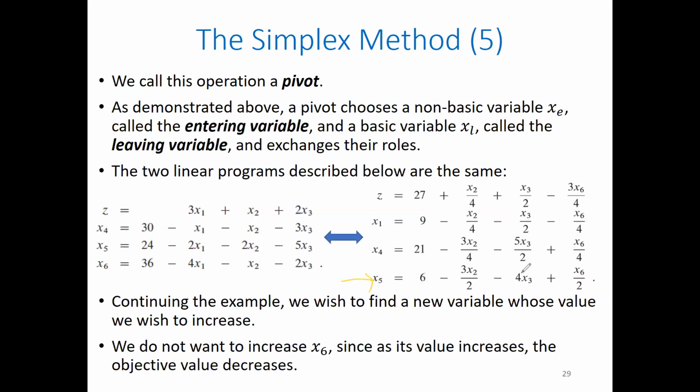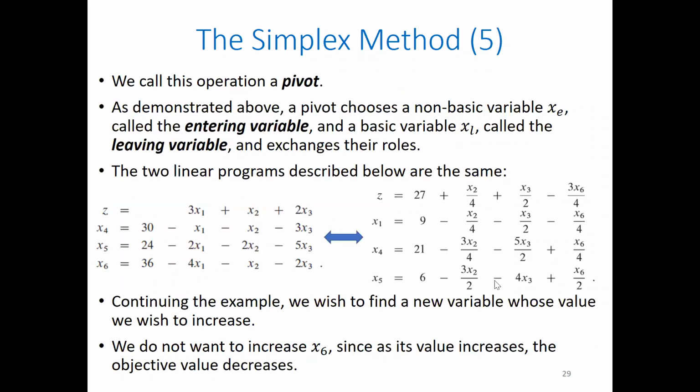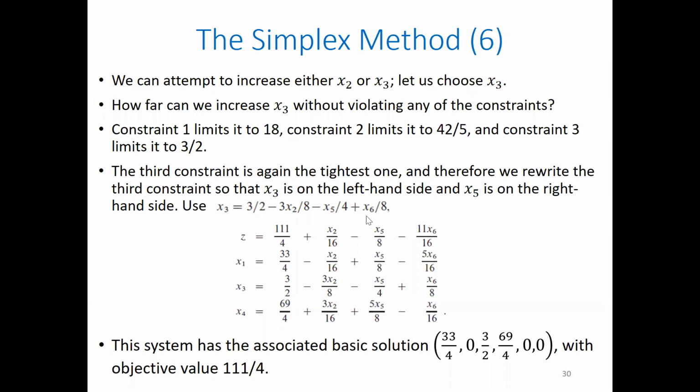That means now x3 will be leaving, becoming our new basic variable, and x5, which is on the left-hand side, will be entering. So now we have to write all the equations in terms of x2, x5, and x6. Correct? Clear? And this is what you get. If you write this last equation, bring x3 over here, and divide the whole thing by 4, you would get this.